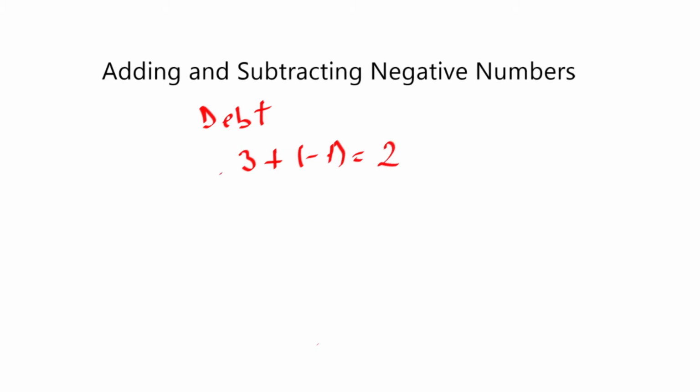And we can have something like 3 minus negative 1, and again we can put this in terms of I'm removing a debt of 1, which is going to give us 4. So we are supposed to give someone, for example, £1, but now we don't have to give it anymore, so we are removing that debt, therefore it comes back to us. So now we have 3 plus 1 equals 4.